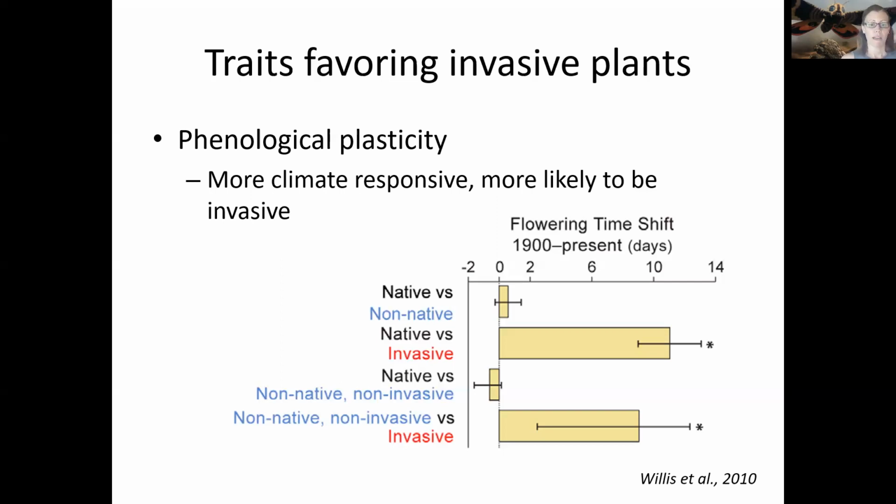So this thing at the bottom is showing how much, over the 1900s, from 1900 to the early 2000s, this article, which is really cool, looked at essentially botanical records of when plants were flowering in history, based on when they were pressed into collection books.